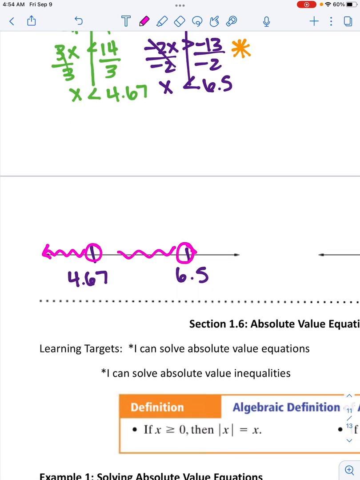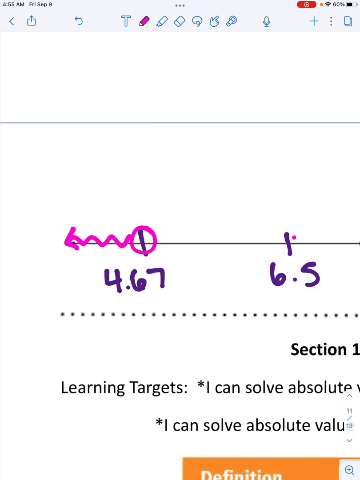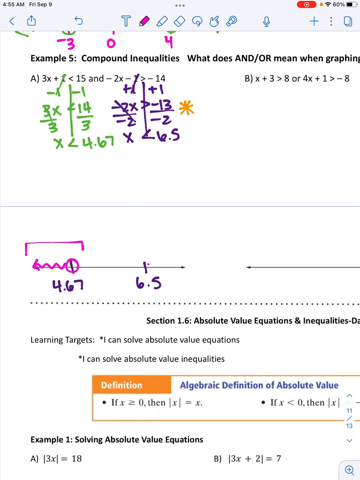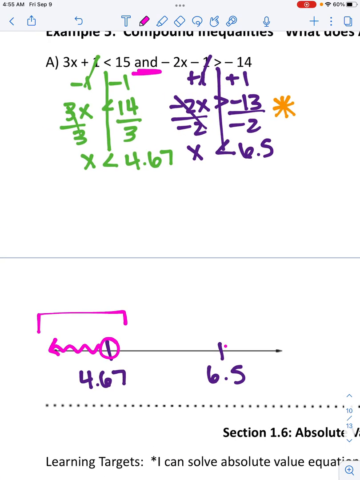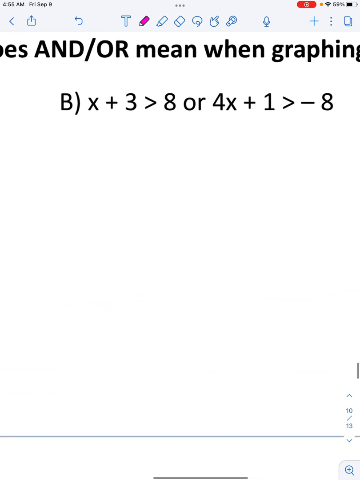So this section right here is not overlapping with this section here. So we are not going to include 6.5 in the overlap. Just this portion will satisfy this "and" part. So we can essentially just say, if this is an "and", we really only need to write this, because this part has extras that aren't included in the overlap. So this overrides it: x less than 4.67. And then same over here.